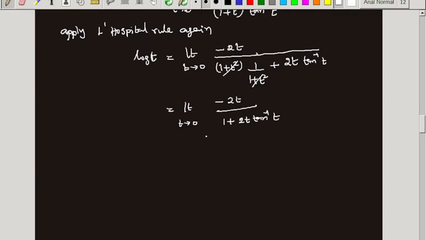So here if we substitute 0, the numerator is 0, dividing by 1 plus 0, so 0 by 1 is 0.